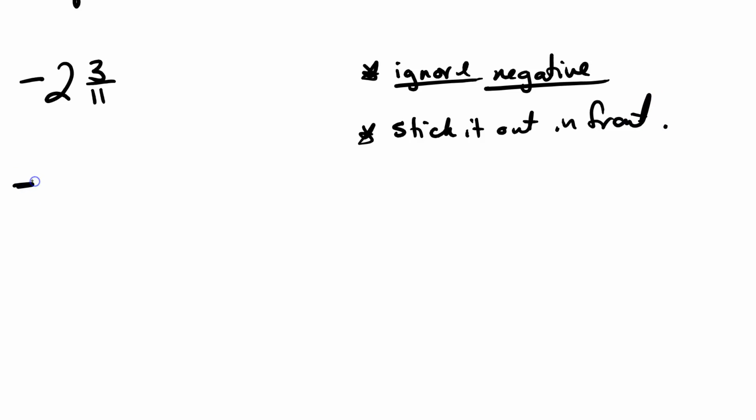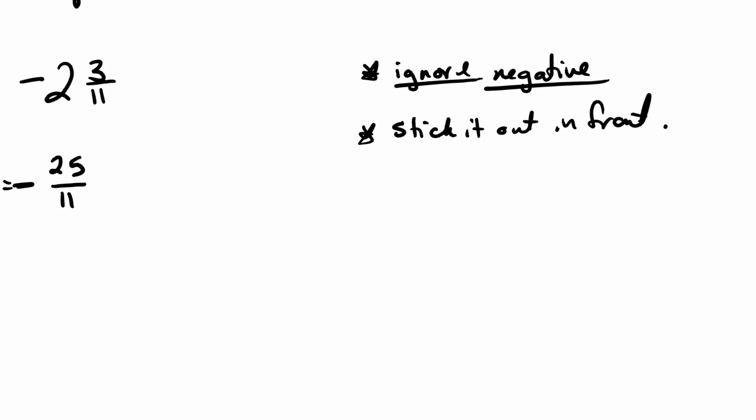Then I'm going to do the exact same thing, pretending this negative doesn't exist. 11 times 2 is 22, plus 3 is 25. So negative 2 and 3/11 is negative 25/11.